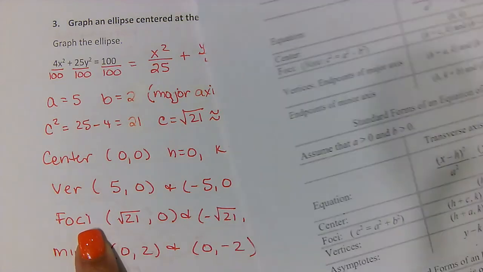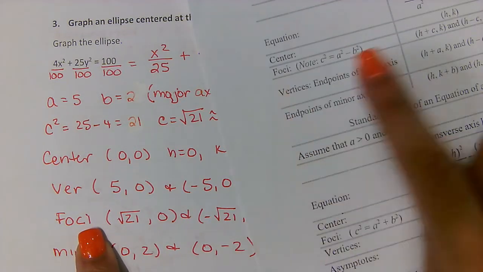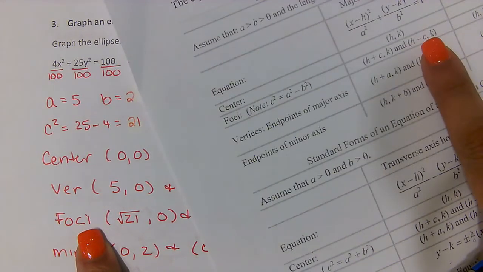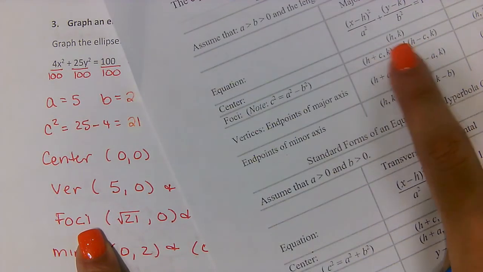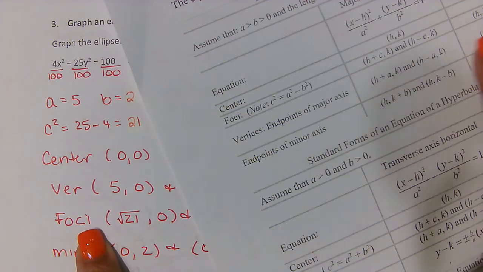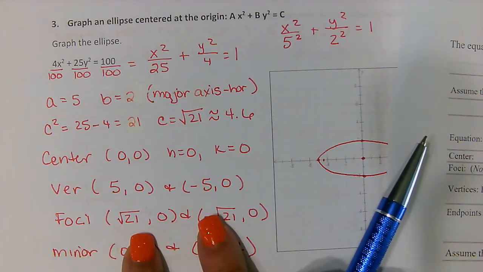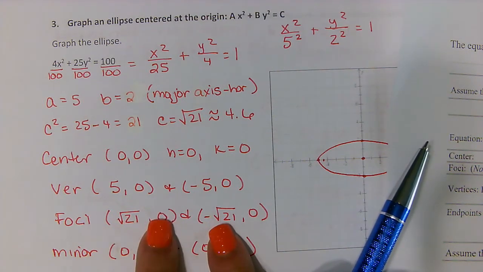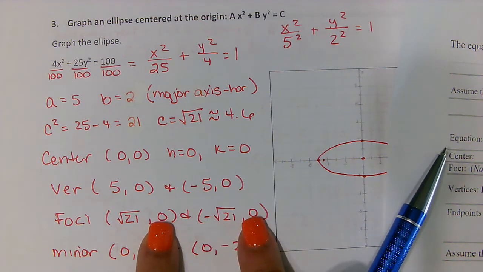For the foci, we're going to go ahead and look at our formula. It's going to be (h plus c, k) and (h minus c, k). Again, h is 0, so it's like saying plus c and minus c. Our c is the square root of 21, so I have plus square root of 21, 0, and minus square root of 21, 0.